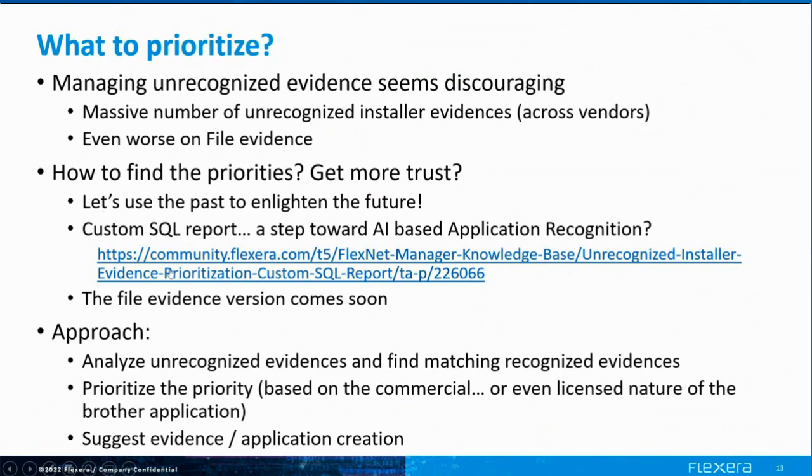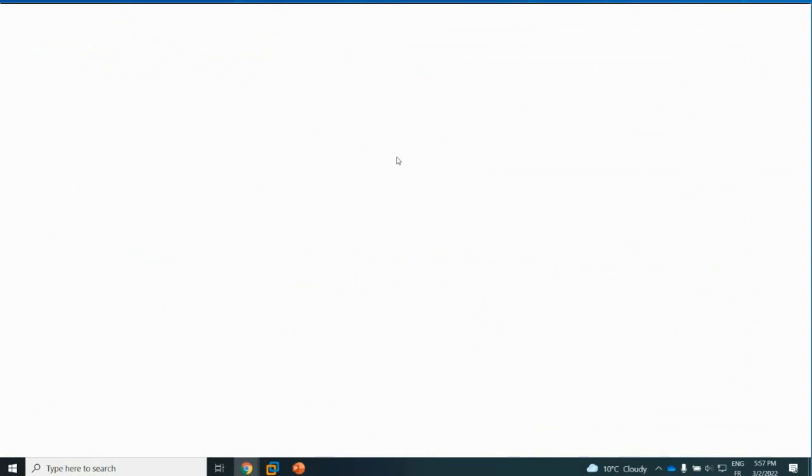The idea, and the report I've published in the community just today, you will find in this link. It's something we have started to do with Technopedia, and that we're extending on the ERL side. The idea is to use the past to enlighten the future.